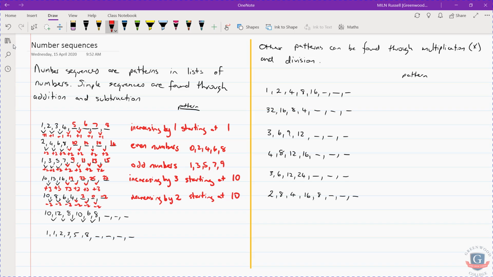Now this pattern's a bit different. From 10 to 12, it's going up by 2. And then from 12 to 8, it's going down by 4. And then from 8 to 10, it's going up by 2. And then from 10 to 6, it's going down by 4. And then from 6 to 8, it's going up by 2. So the pattern seems to be go up by 2, down by 4. So next it's going to go down by 4, so it'll get to 4.